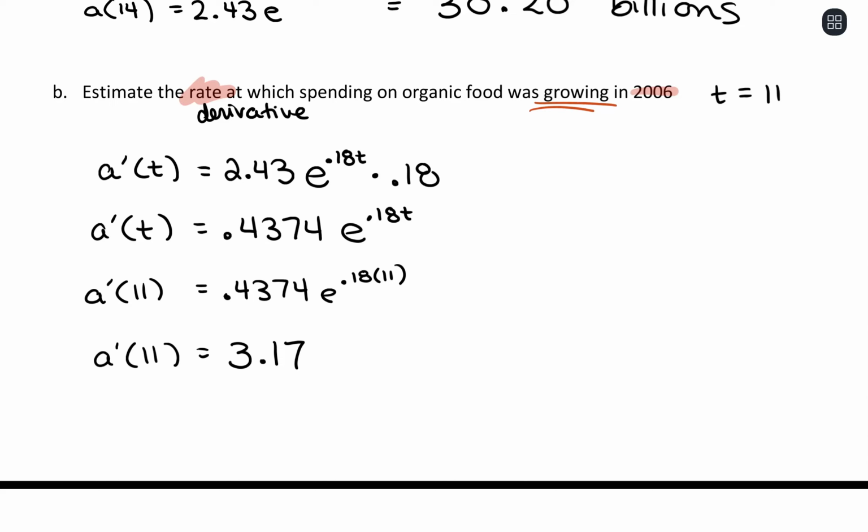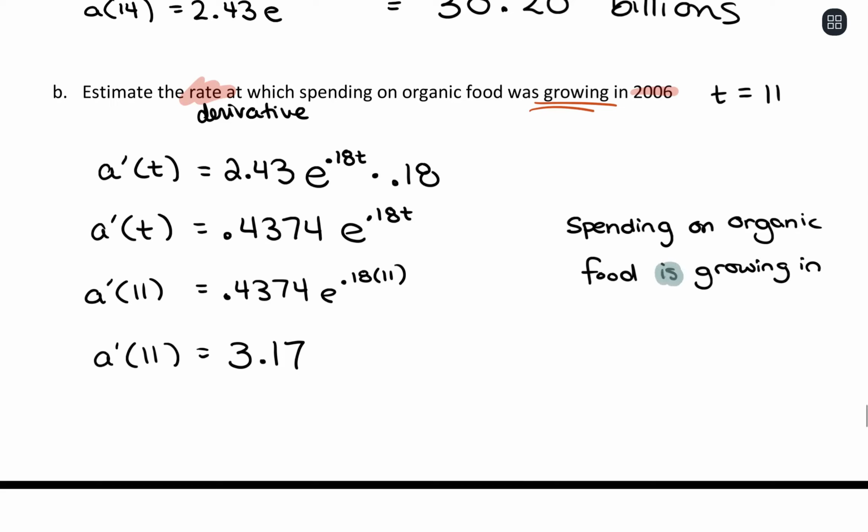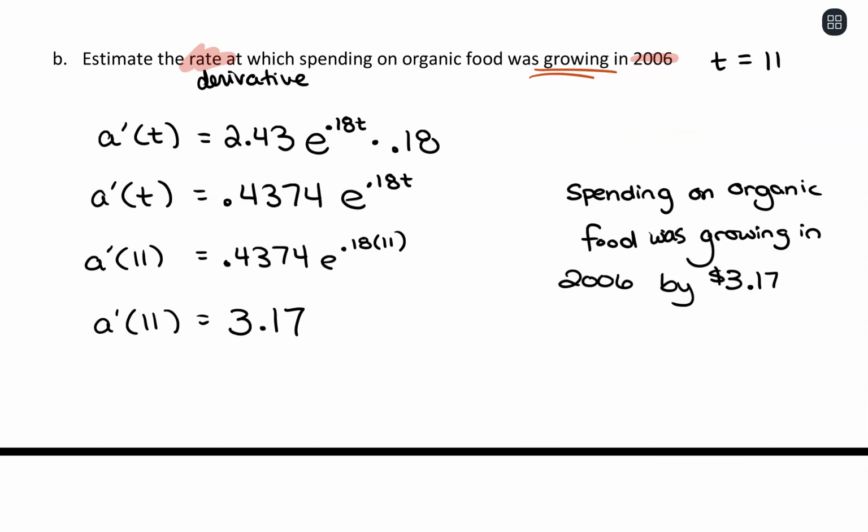So what we can do is say spending on organic food was growing in 2006 by $3.17 billion per year.